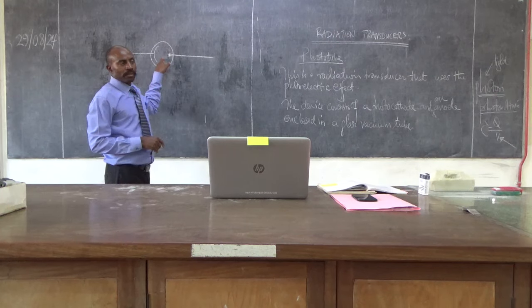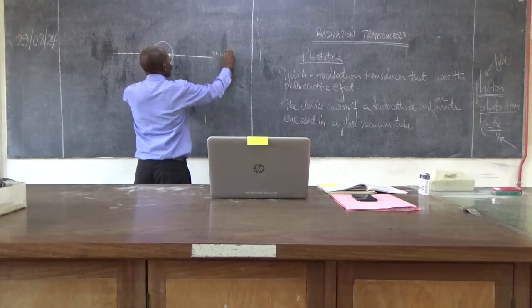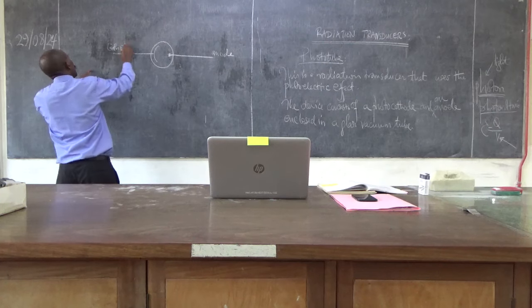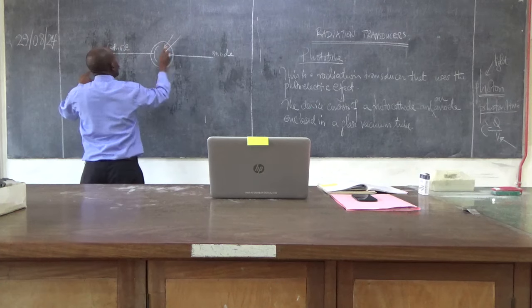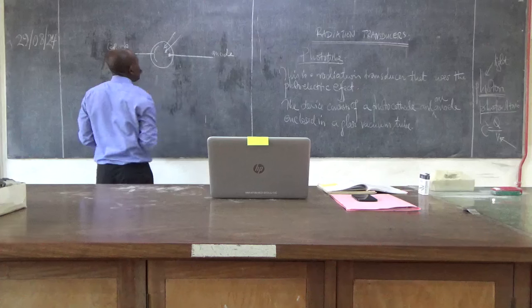This is the photocathode. This is the anode which is picking up. This is the cathode. And then we have the light falling here, the UV.